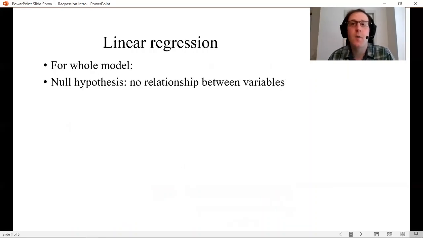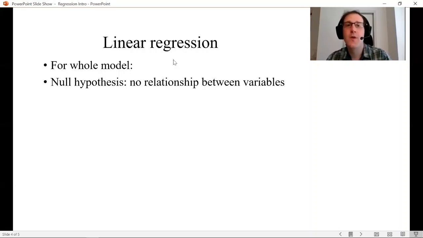Okay, so when you're doing this, this also enables you to do null hypothesis significance testing. So is the strength of this regression line stronger than just if you had random chance, random data points being generated? So you actually have 2 different hypothesis tests that you get for linear regression.